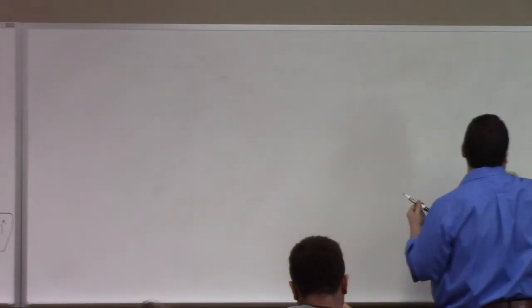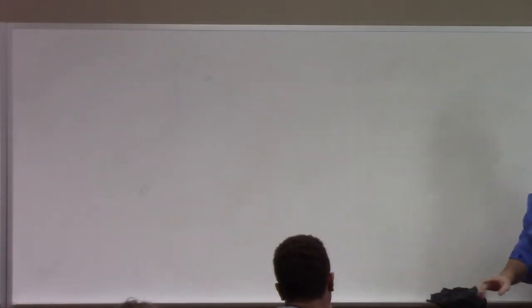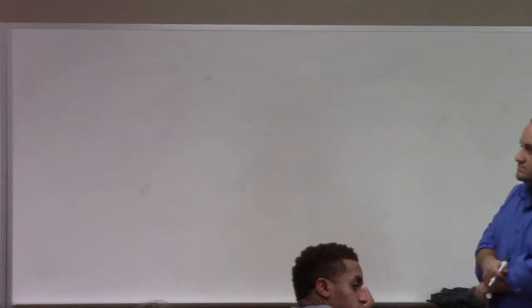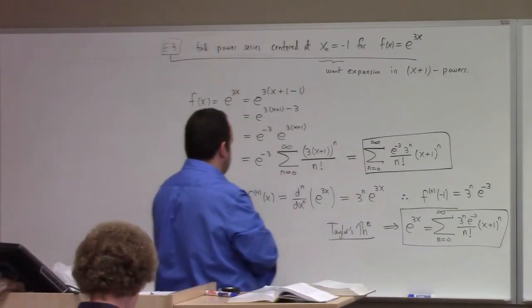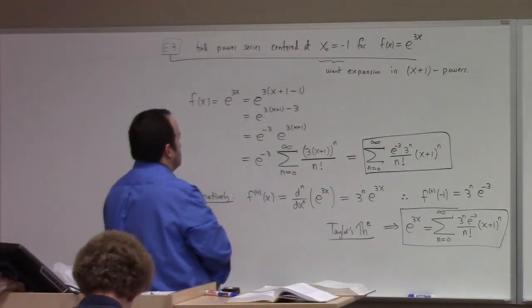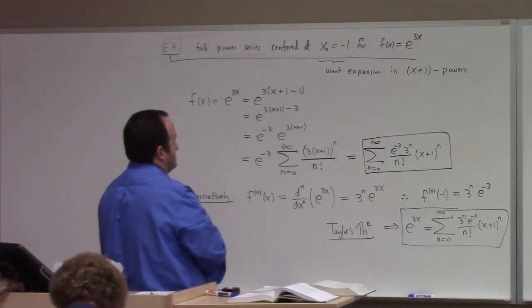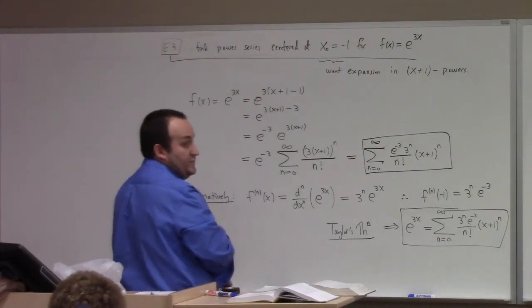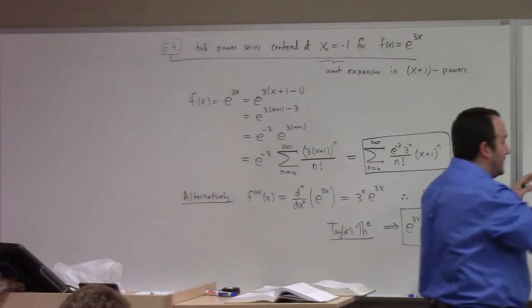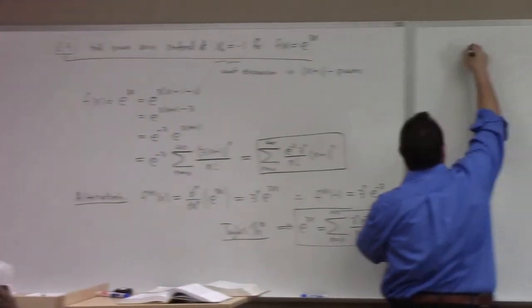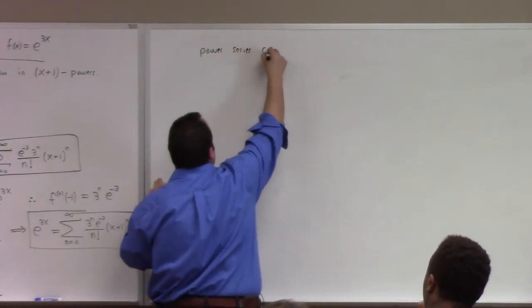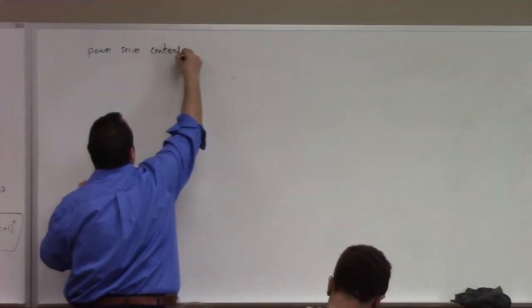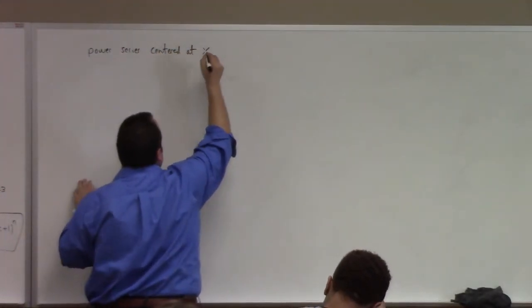Surely you guys have another question before I make up more examples? Yep. I just have a question on that one. I missed where you said you wrote one expansion with the x plus 1 powers. How did you know that centered at negative 1 was the one expansion with x plus 1 powers? It's just the definition of power series. So if we have a power series centered at x naught, what does that mean?